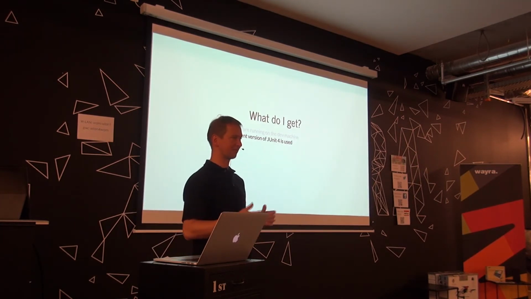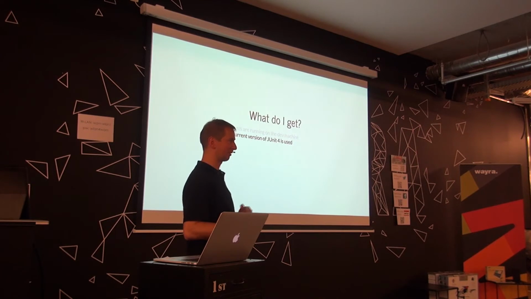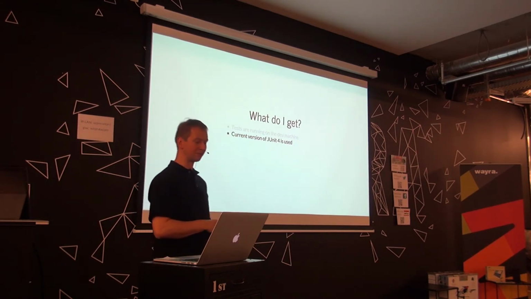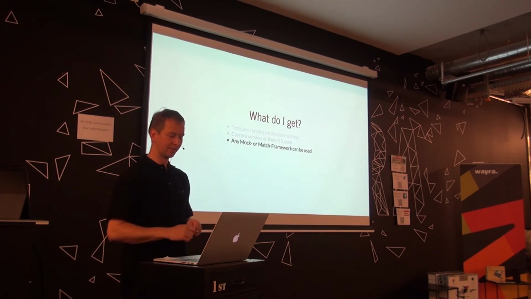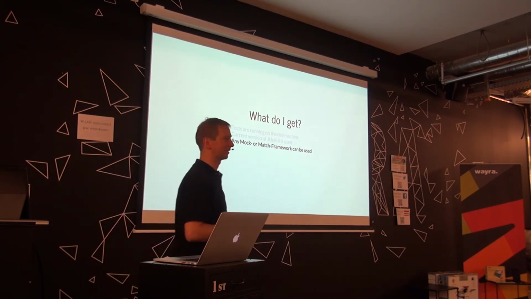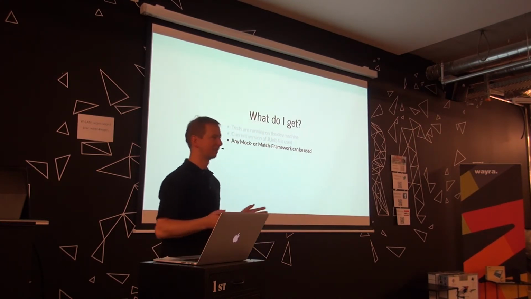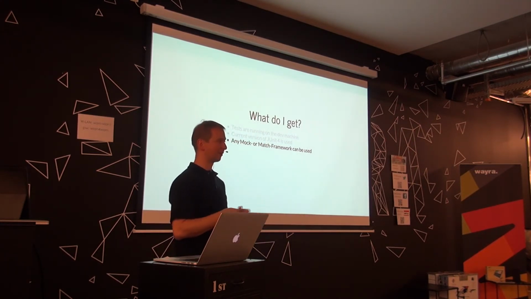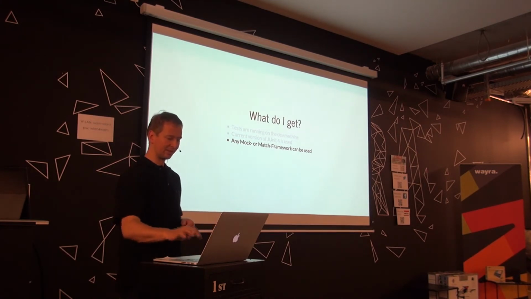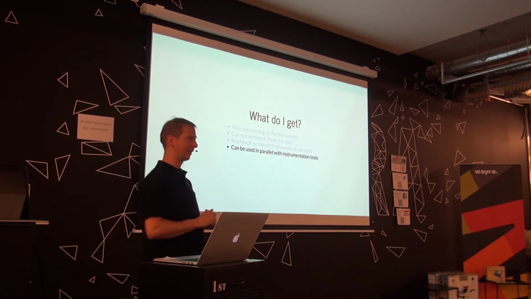So if you're used to working with JUnit 4, you don't have to go back to JUnit 3 for testing. And the next good thing is that you can just use a mocking framework like Mockito, which you are used to in ordinary Java development as well. So there's no need to learn a new thing. You can also take your knowledge from there.